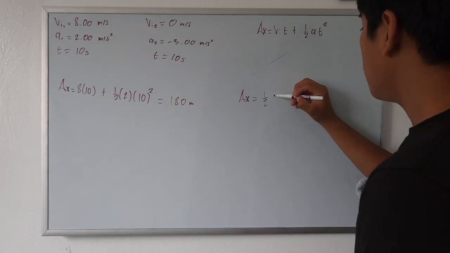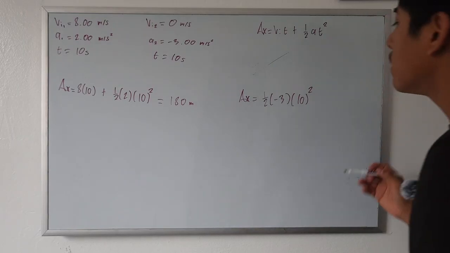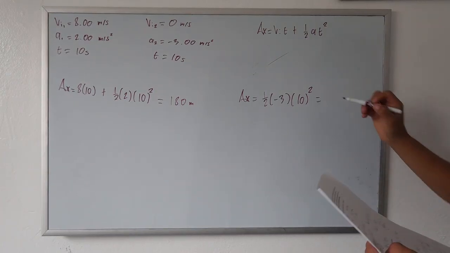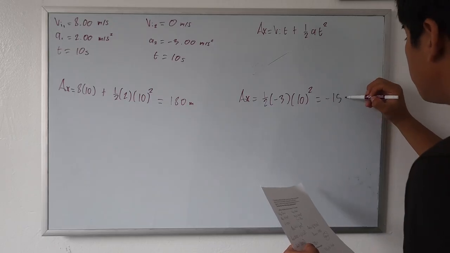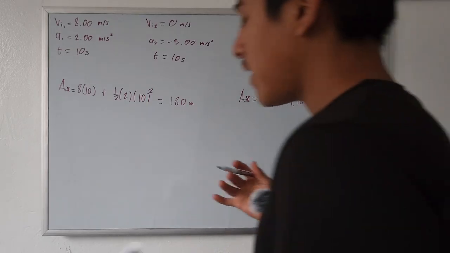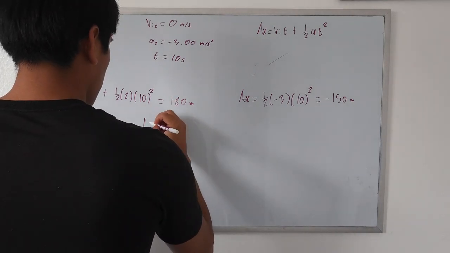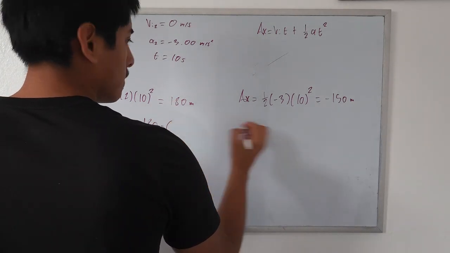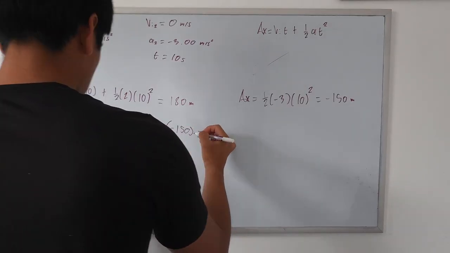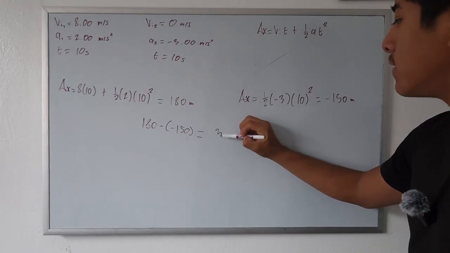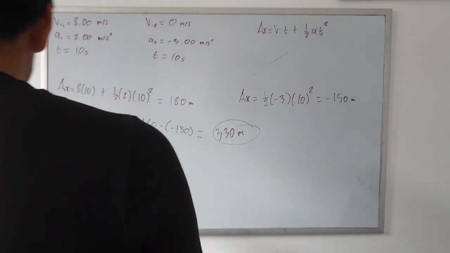So we just have 1/2 the acceleration times time squared, and that should give you negative 150 meters. So now we just find the difference: 180 minus negative 150, and we end up with the final answer of 330 meters between them.